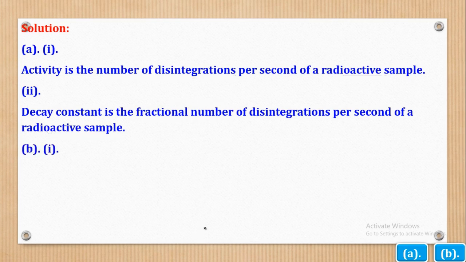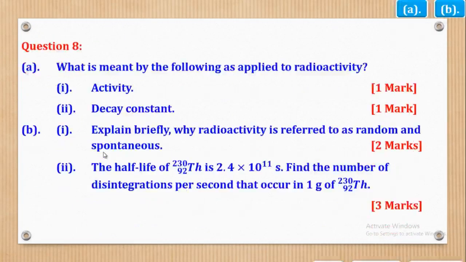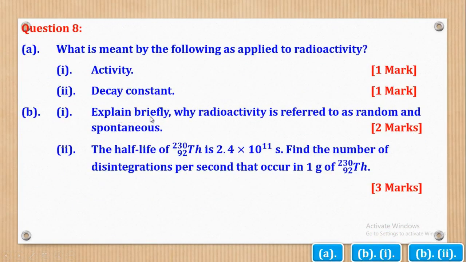So now shall I go to part B. B Roman 1 says, explain briefly why radioactivity is referred to as random and spontaneous.